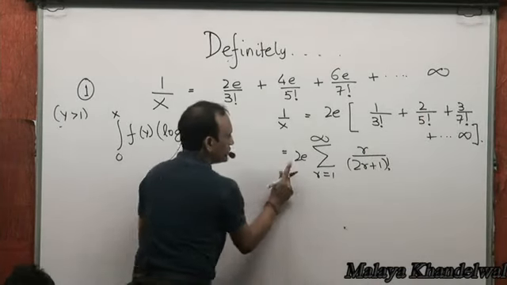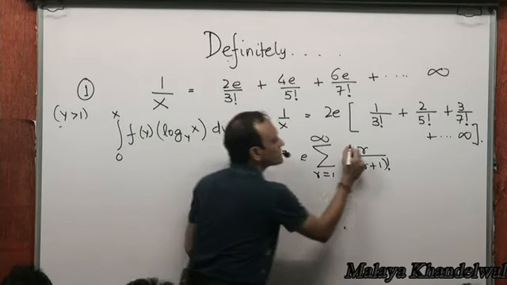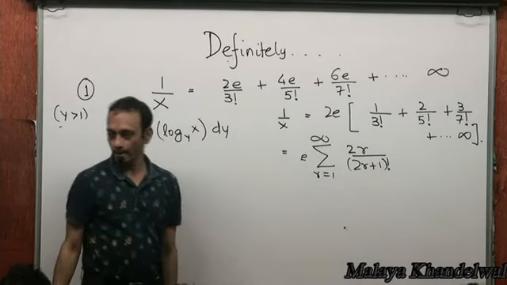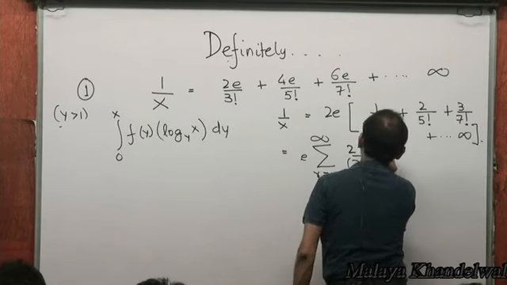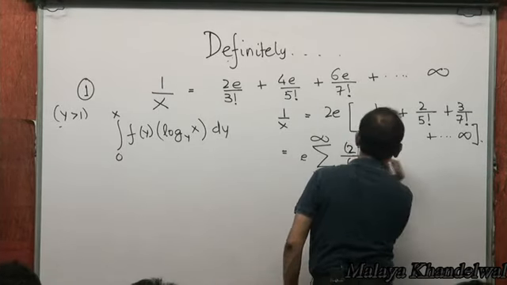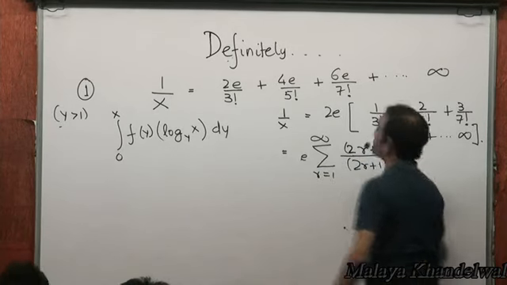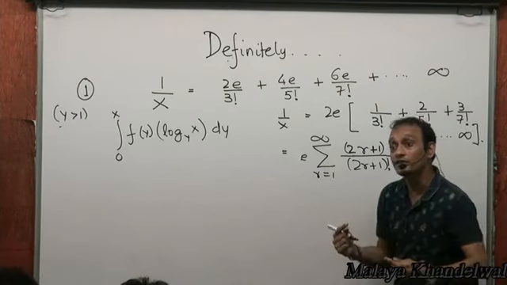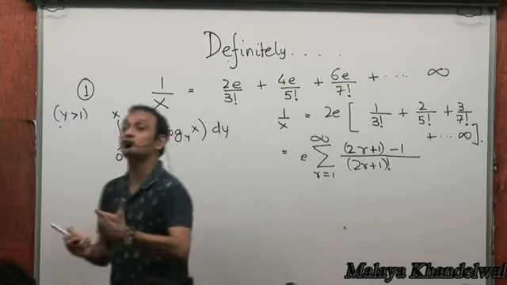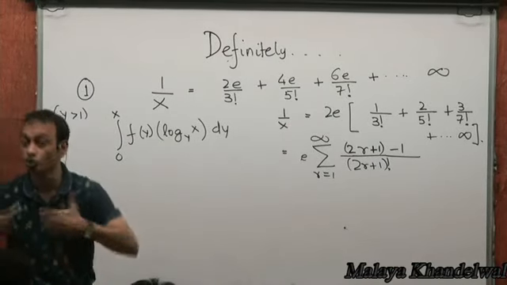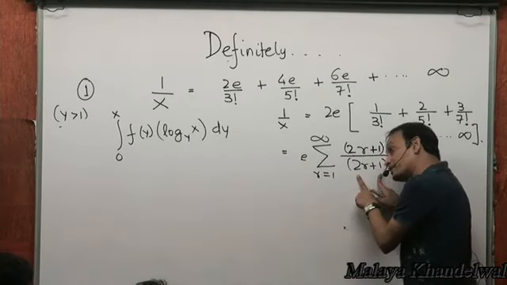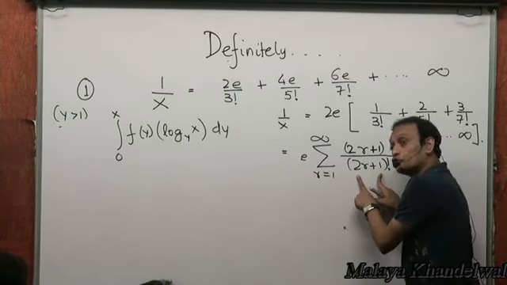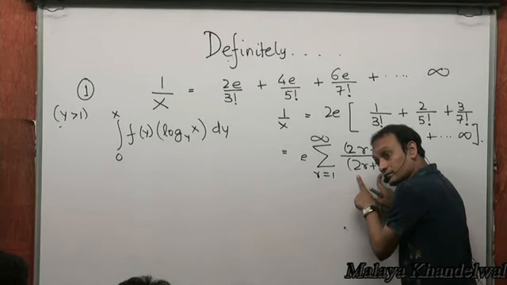What you might want to do is allow this 2 to go inside, right? For reasons not difficult to fathom, 2r plus 1 minus 1, so that I could divide, and I'm expecting a telescope to follow. Now on dividing, 2r plus 1 by 2r plus 1 factorial will give me what? 2r?